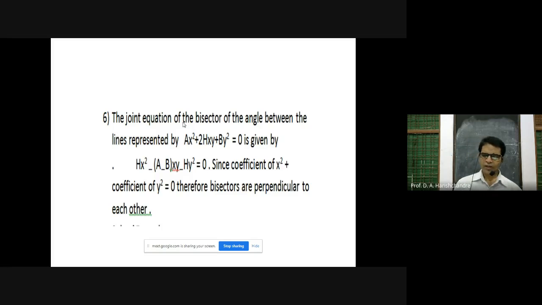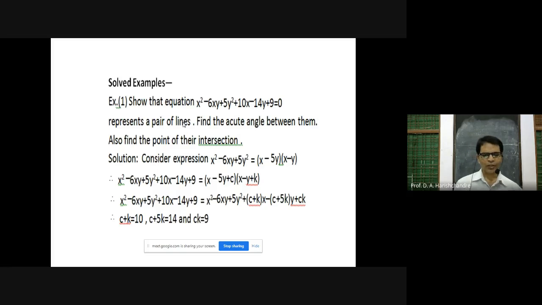Since the coefficient of x square here is h plus the coefficient of y square, which is minus h, if you add them it will be 0. Therefore, the bisectors of those lines must be perpendicular to each other. Now we are going to discuss some solved examples depending on that.